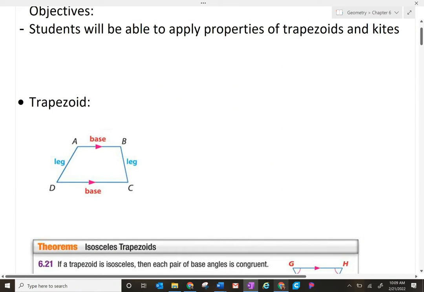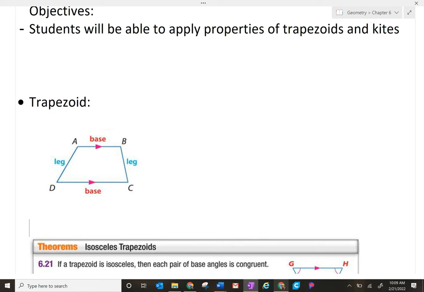In a trapezoid, I've got two parallel lines. So the two bases are going to be parallel to each other. And then the legs just come up from one side to the top.